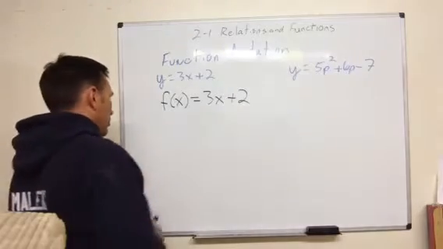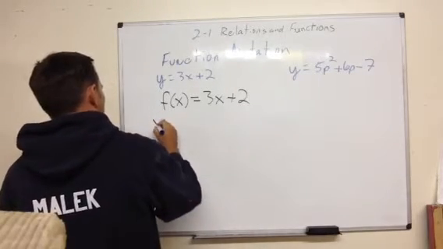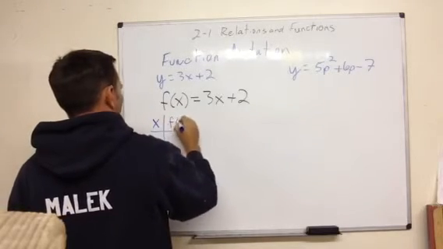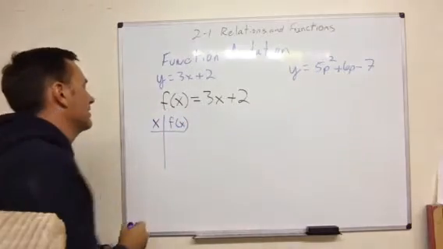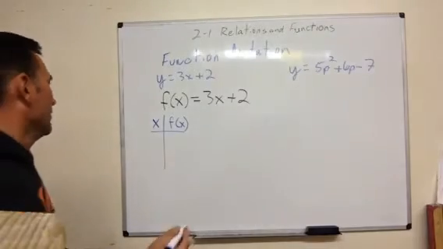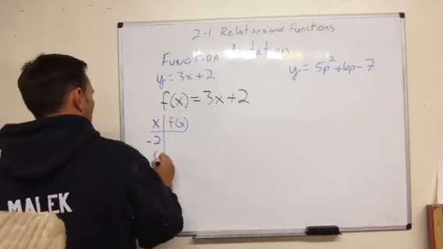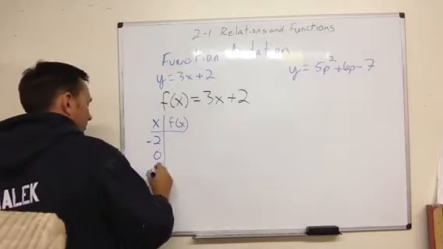So if we're to use a table, this would be read like the function of x. So let's just do 3 values. Let's pick -2, 0, and +2.